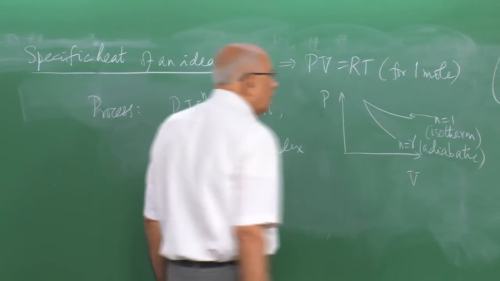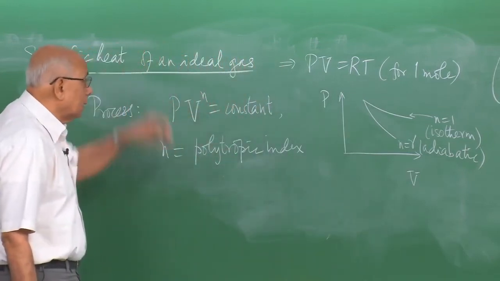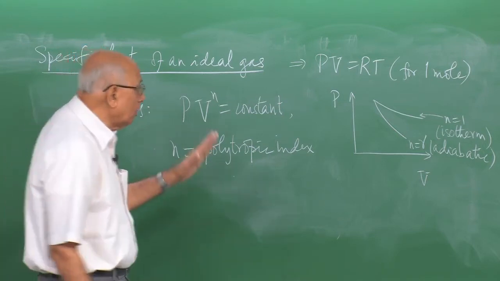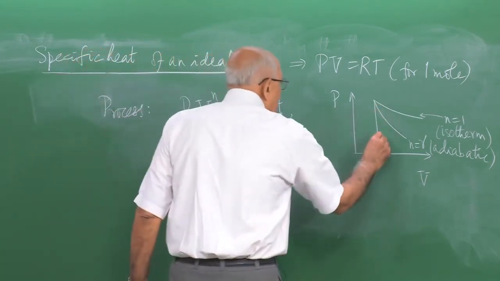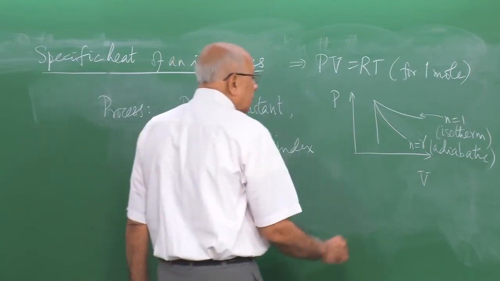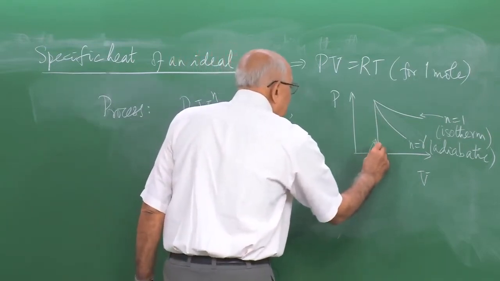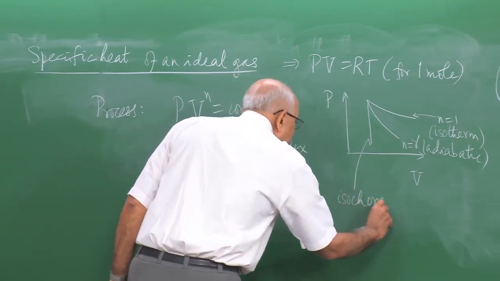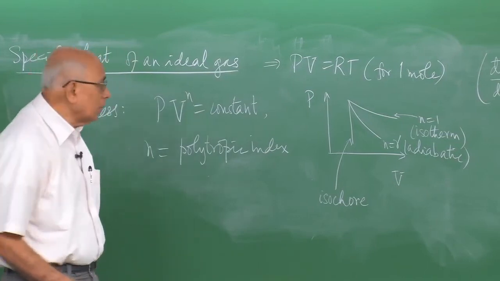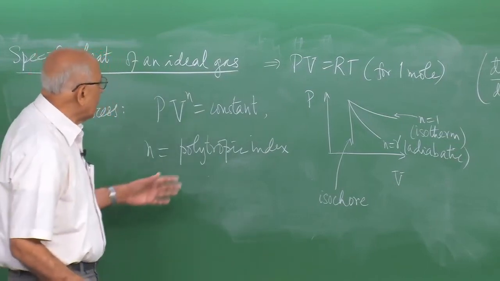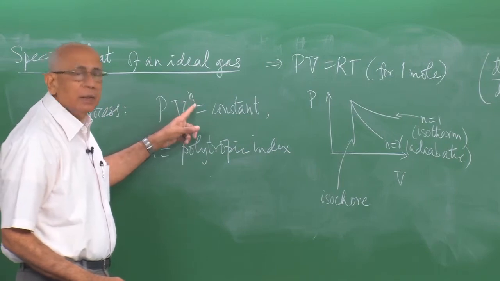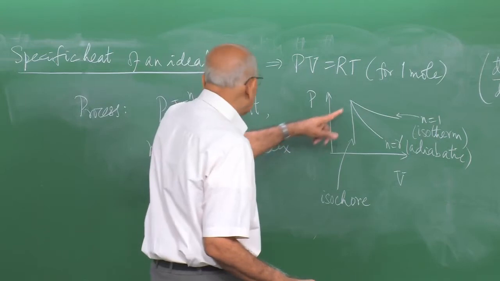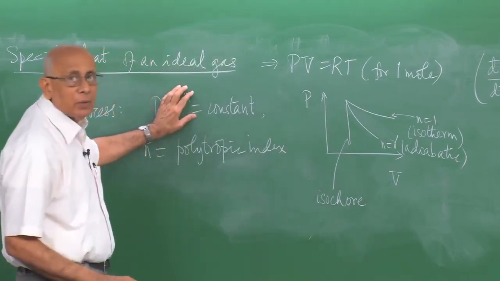Adiabatic process. You can have a constant volume process, you can keep the volume constant. So you end up with something which changes in this fashion. This is an isochore corresponding to constant volume, and what kind of n would it correspond to? Well, it means n must tend to infinity, because for infinitesimal changes, when n is infinity, this thing dominates out here.